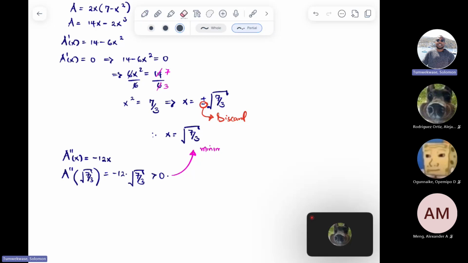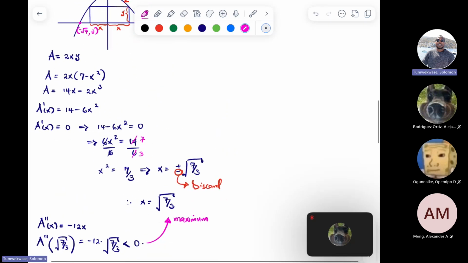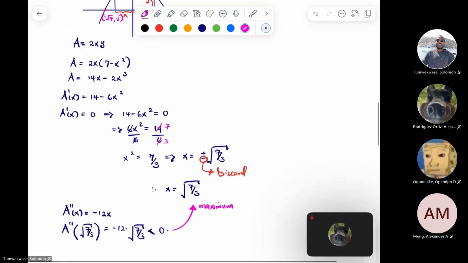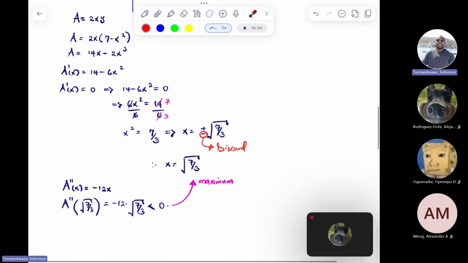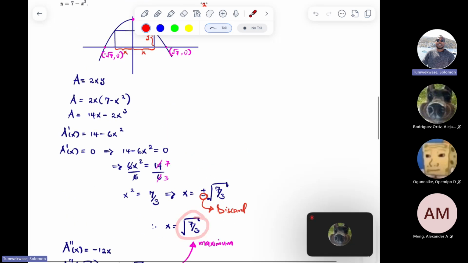Oh, sorry, this is less than 0. And therefore, this is an absolute maximum. Remember we need to find the largest possible area. We have this point root 7 over 3 as a maximum, and therefore if I substitute it back in the formula for the area, then I'm getting a maximum.